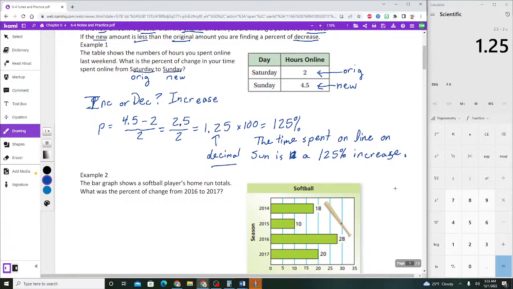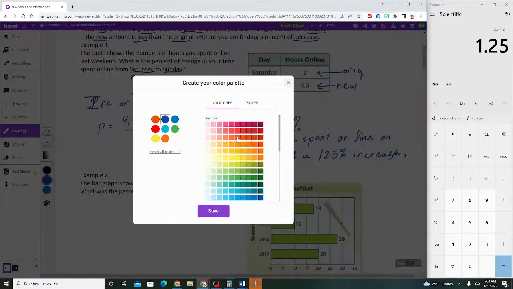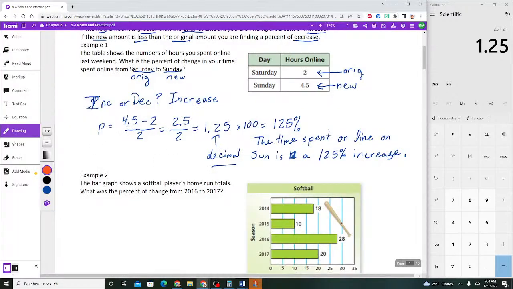Now, let me help you understand what this means. What we want to notice here is that this number is the actual 125% of 2.